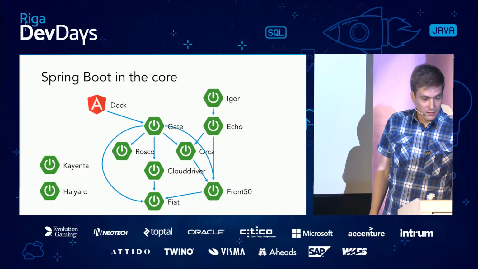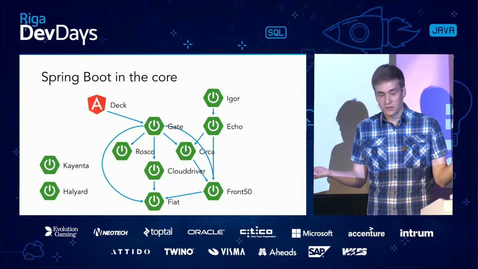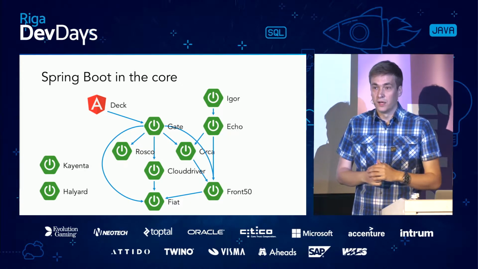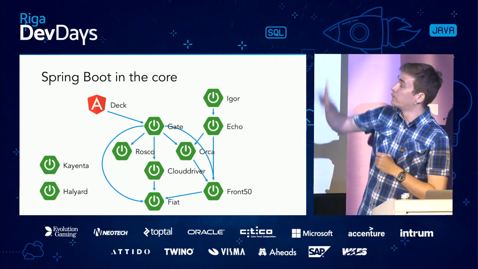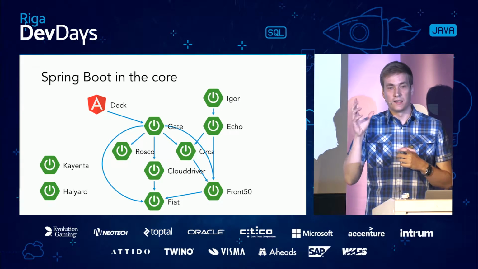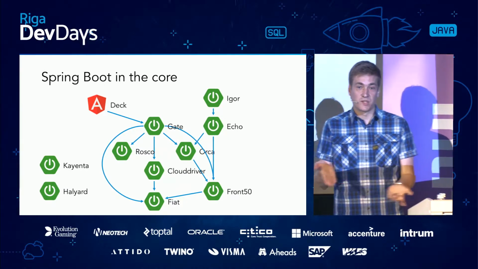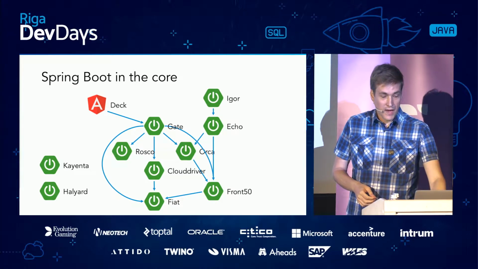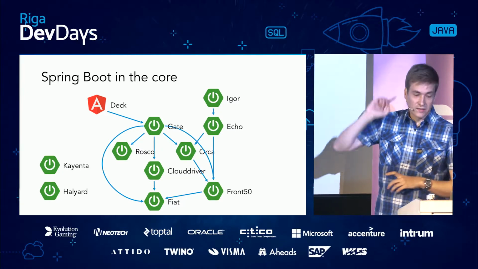Hold on, let me check. Roscoe is a bakery, right? The bakery for images on all the clouds. You can bake images, make them immutable. Then you have Igor. Where's Igor? Over there. Igor is integrating with continuous integration pipelines or with jobs from Jenkins, for instance, or Travis. We've got Echo. Echo is an eventing bus.